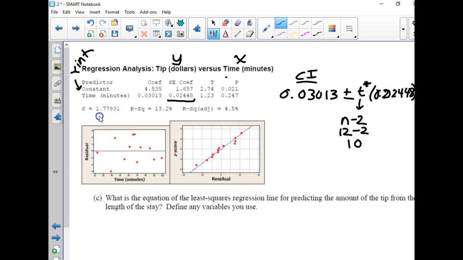Our S is the standard deviation of the residuals. You have to have that definition memorized. Your R squared, you have to have that definition memorized. It's the variation in Y that can be attributed to the least squares regression line of Y on X. Yes. What is that? S is the standard deviation of the residuals. So it's your average prediction error.